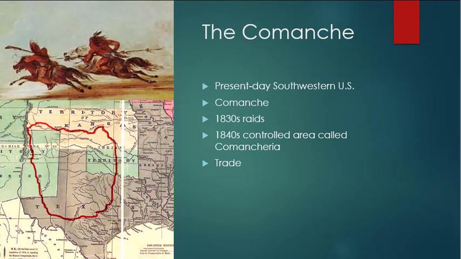In the 1830s, the Comanches break their peaceful relationship with Mexico and begin raiding northern Mexico and taking goods and items. At the same time, the Comanche people are building a relationship with Anglo-American traders in Texas. So tensions are going to develop between the Comanches and the Mexicans. By 1840, the Comanche people control this entire territory within this red circle here, and it's called Comanchería.